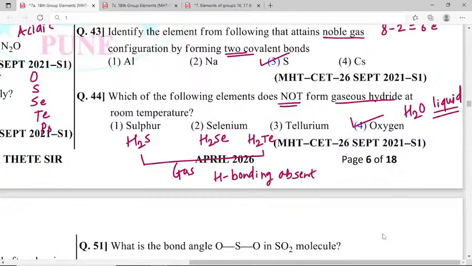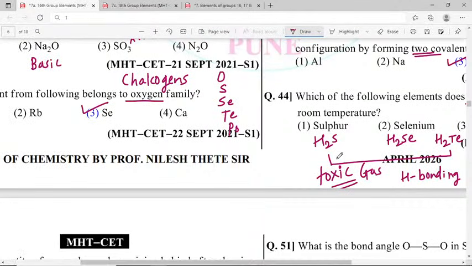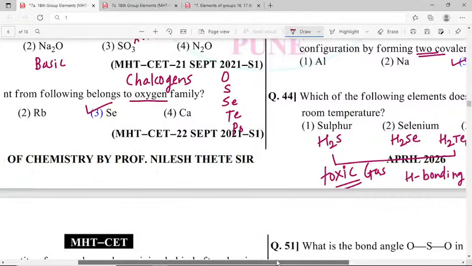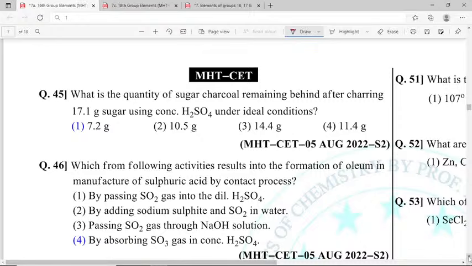In water, hydrogen bonding is present, so water is a liquid. These are toxic and poisonous gases, always remember. Water is non-toxic.